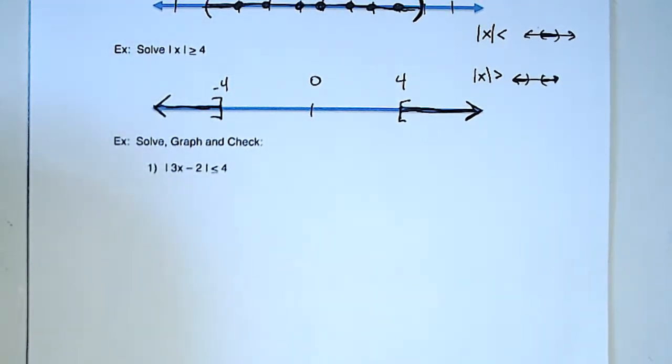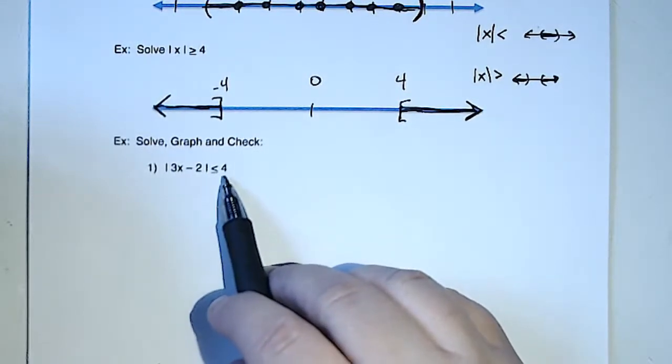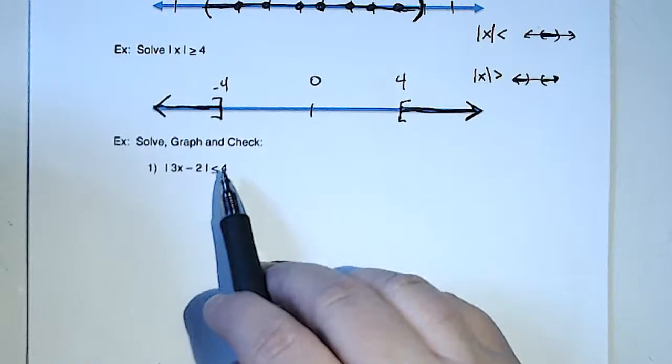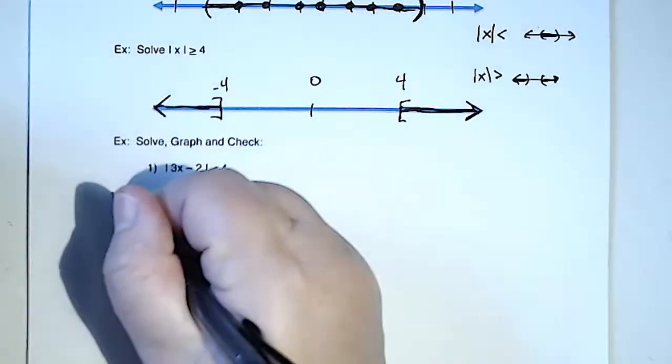So we have to solve this thing. Here's the way it works. I've got an absolute value, I've got an inequality, I've got a number. What I'm going to do is solve the equality first. So what does that mean?